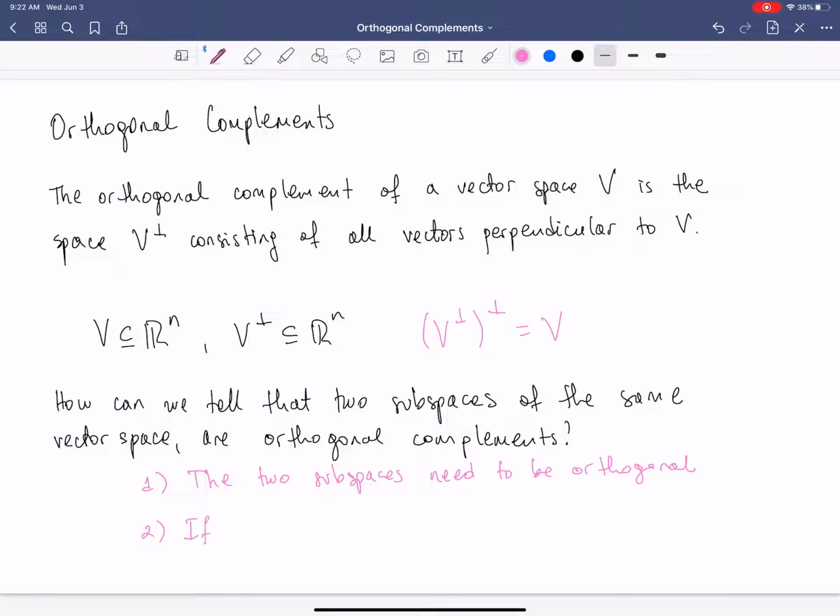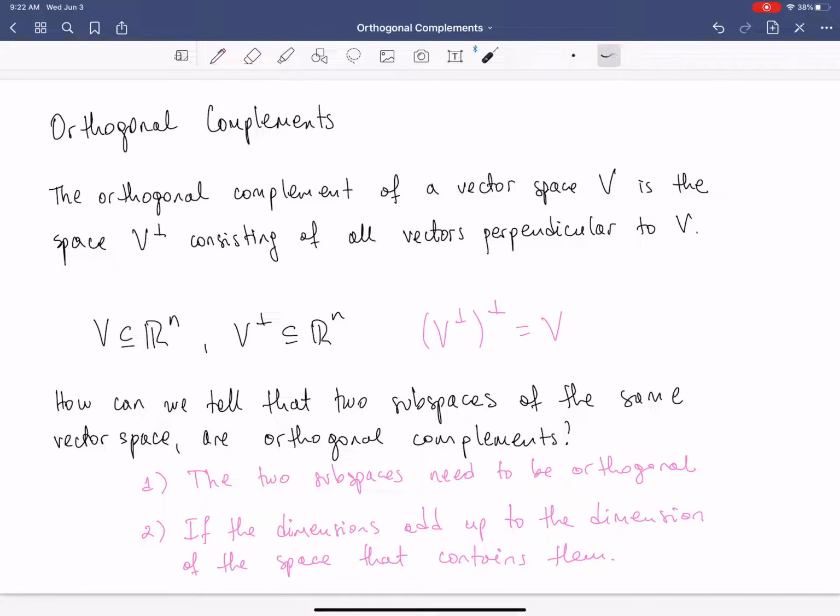So if the dimensions add up to the dimension of the space that contains them. What I mean by that is, let's focus here. So Rn, this big vector space, is n-dimensional, right? So if we take a basis for Rn, it needs to consist of n linearly independent vectors.